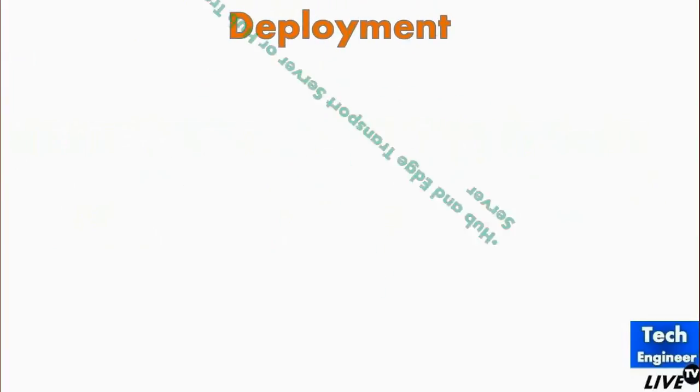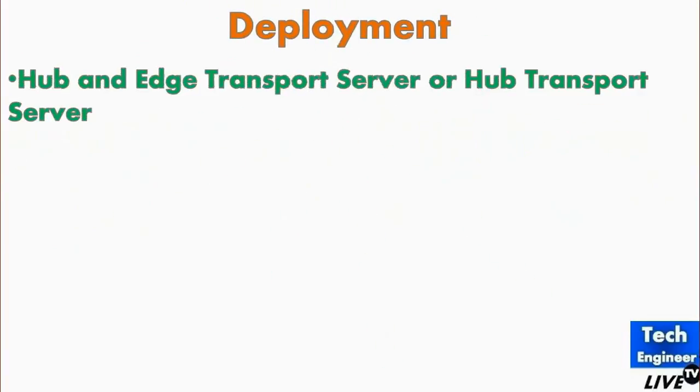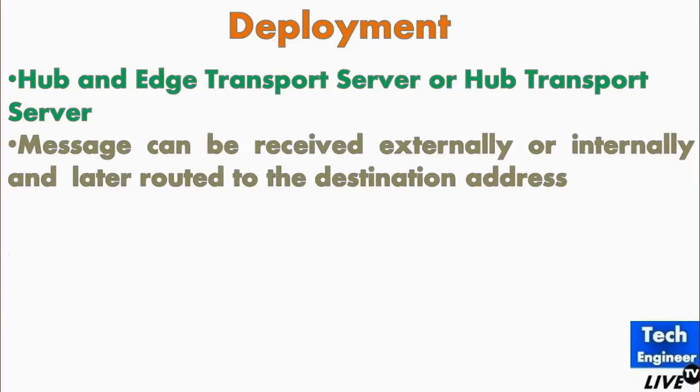Now, as we are talking about deployment, Hub and Edge Transport Server can both be used for your messaging, or only Hub Transport Server. So either you are creating a setup including Hub and Edge Transport Server or only Hub Transport Server.